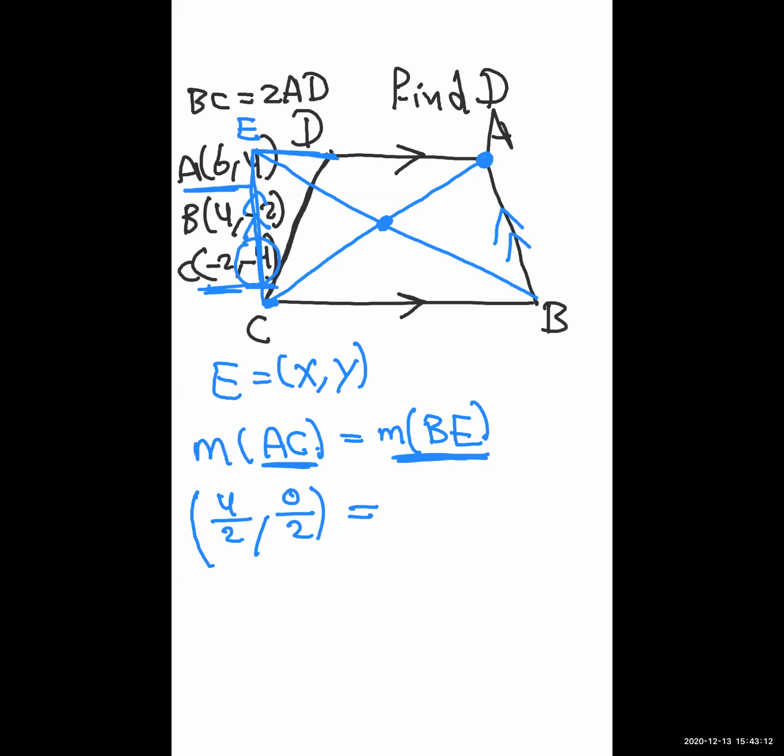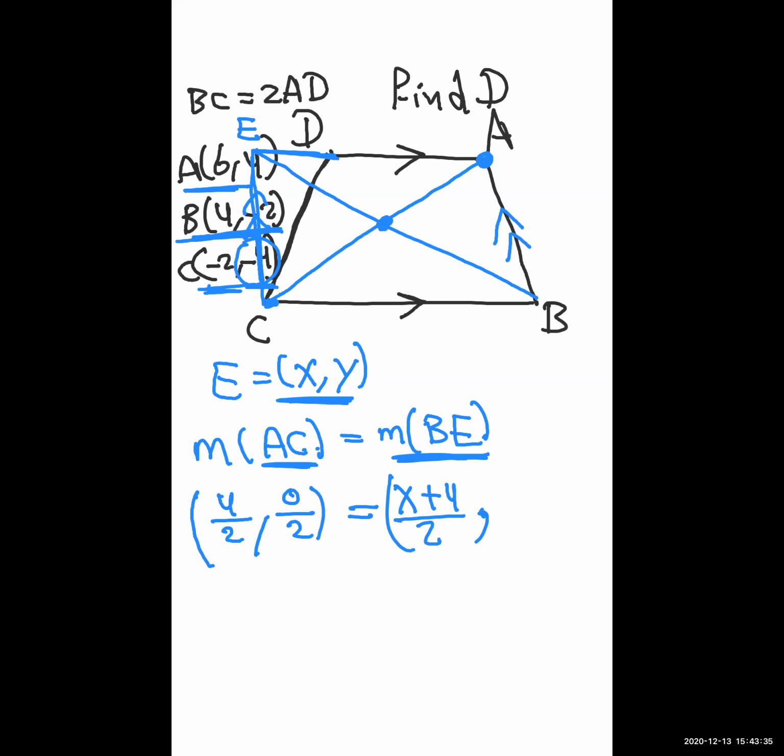I have the coordinates of B, but the coordinates of E, we said that it will be x and y. Okay, no problem. So (x plus 4) over 2, and that point is 2 or negative 2.